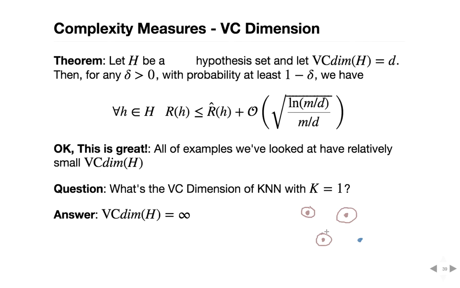And obviously, with something as flexible as that, you could shatter a set of any number of points, as long as none of the points lie right on top of each other. And because you can do this for an arbitrary number of points, that means the VC dimension is infinity.